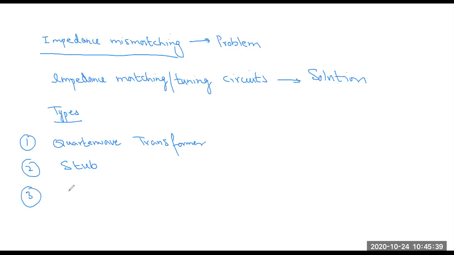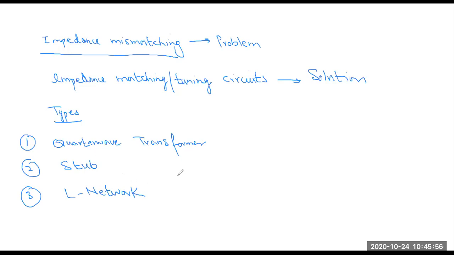And the third one is the L network. So these are commonly used types of impedance matching circuits.